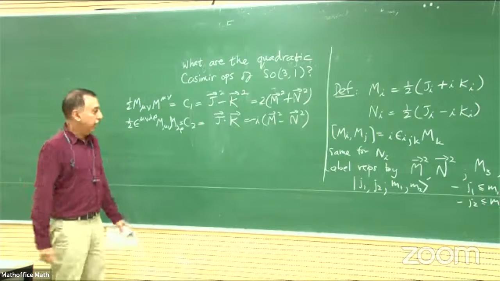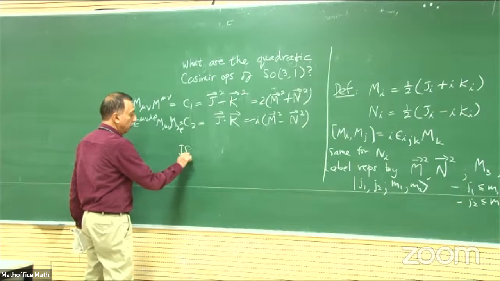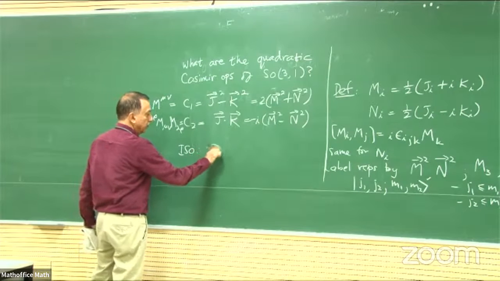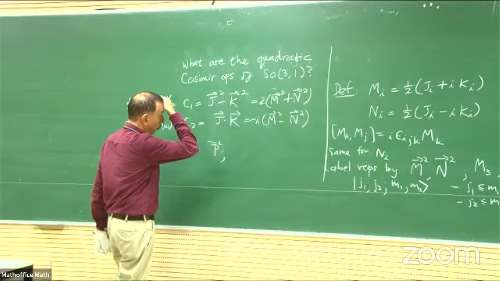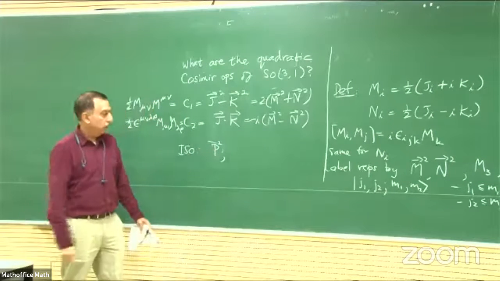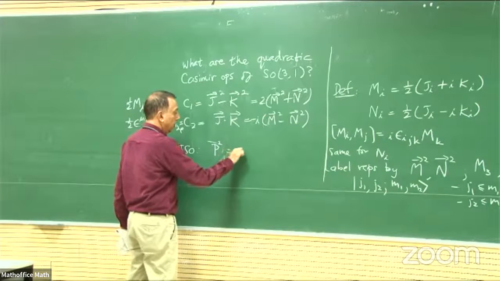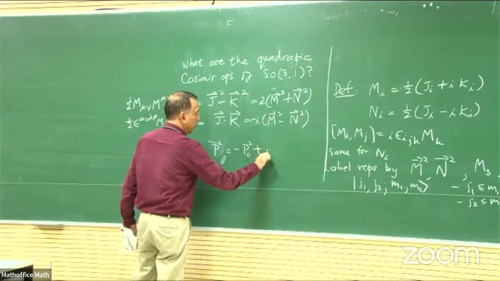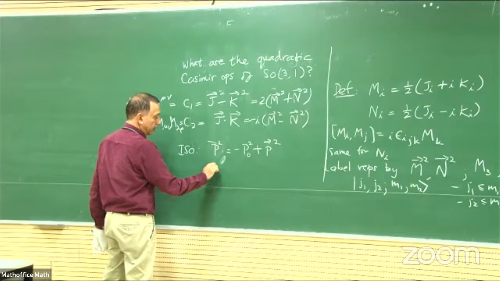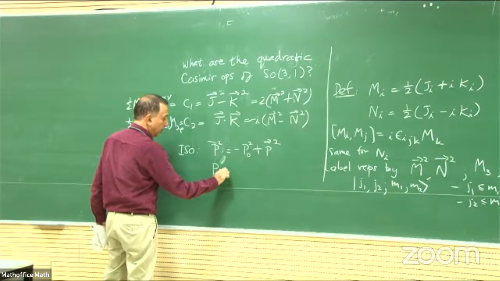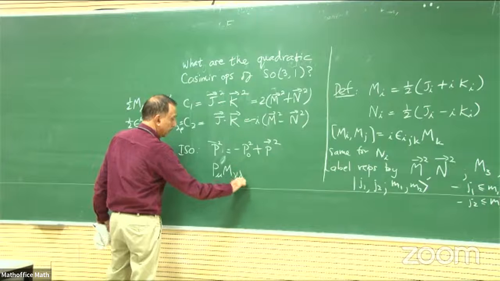In fact, the Casimirs for ISO, this is a side comment, are P squared, where P is the momentum generator, which is actually minus p0 squared plus p vector squared. This is C1, or one of the Casimirs, and the other is a very famous one, which is written like this.